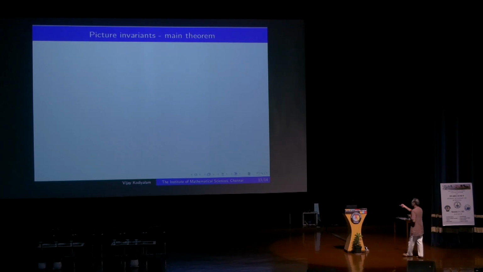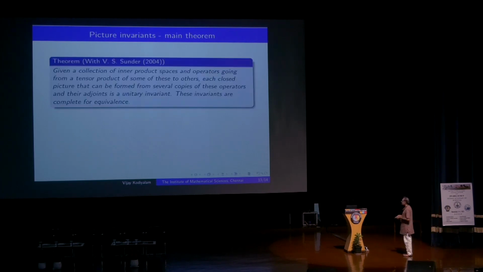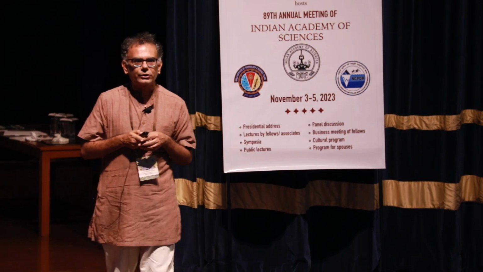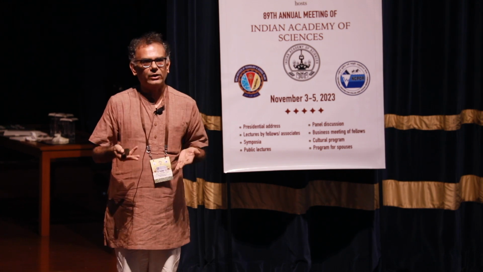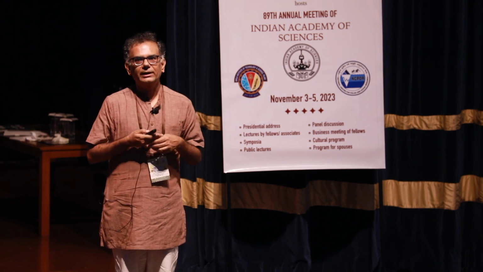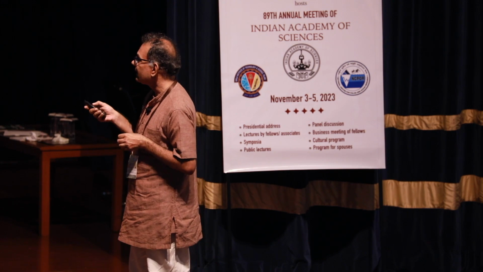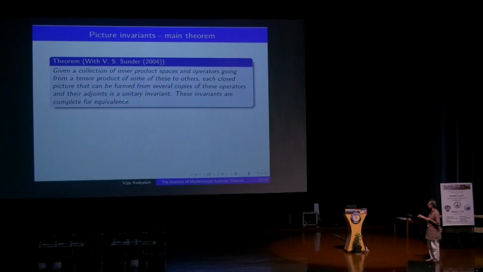More generally, this theorem was proved with my colleague Sundar in 2004, almost 20 years back. What we did was we tried to give conditions under which two operators, or two sets of operators more generally, are unitarily equivalent. And this is an if and only if condition for unitary equivalence. The first part of the theorem is very trivial. It's the second line which is the important line.